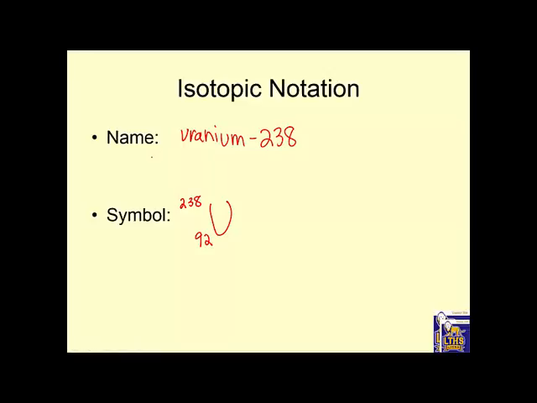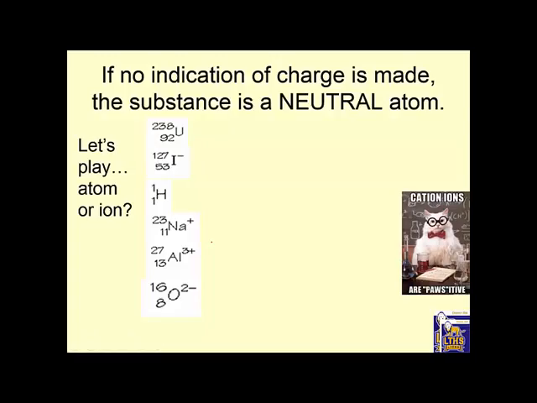So if you want the name of an isotope, you write the name of the element and its mass number. If you want the symbol of the isotope, you write the symbol of the element, its mass number upper left, its atomic number bottom left. Okay. So if there's no indication of charge, then it's going to be a neutral atom.